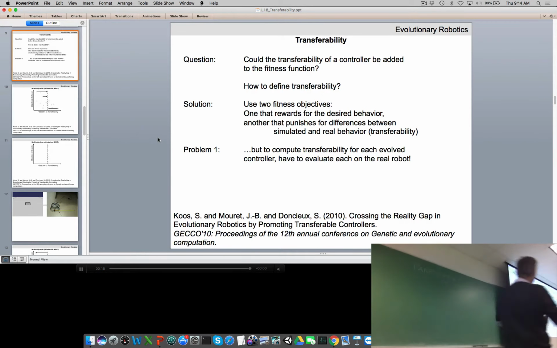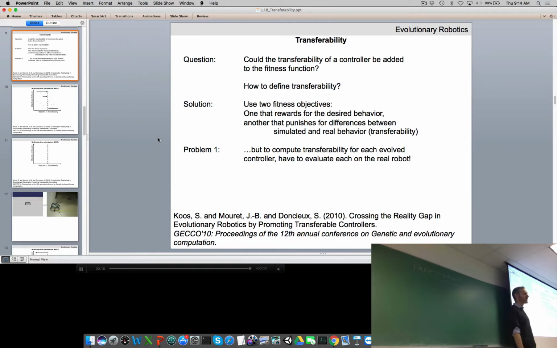Okay, so let's come back to our questions and solutions here. We're trying to optimize controllers against transferability and speed. The problem here, if we're going to do transferability, as far as we know at the moment, the best way to measure transferability is to transfer the controller. But if you do, now you have to evaluate every controller on the physical robot.